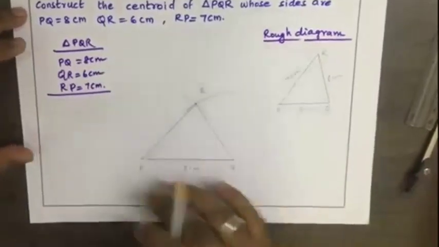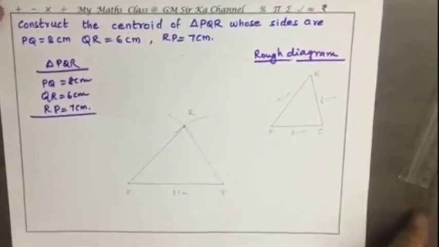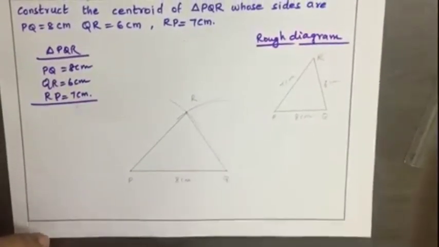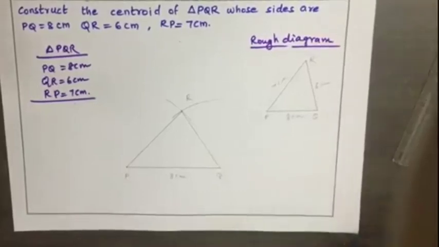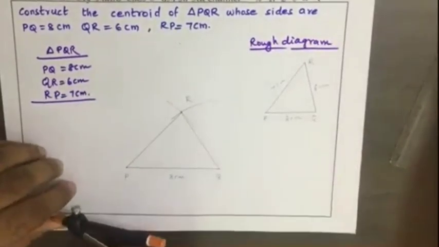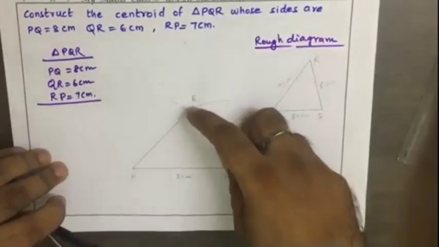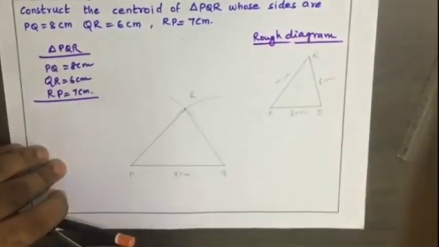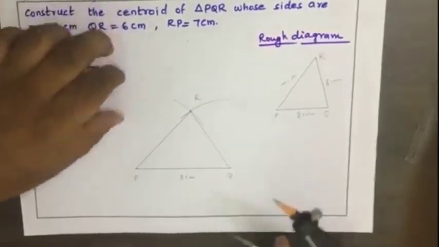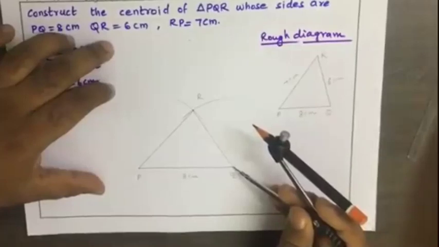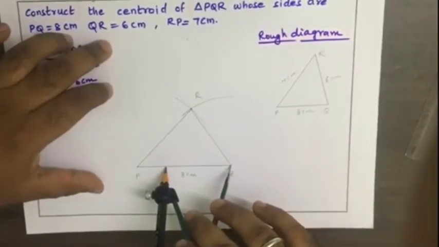Okay, next we draw the perpendicular bisectors of any two sides. Any sides PQ, QR, PR. First we take side PQ.